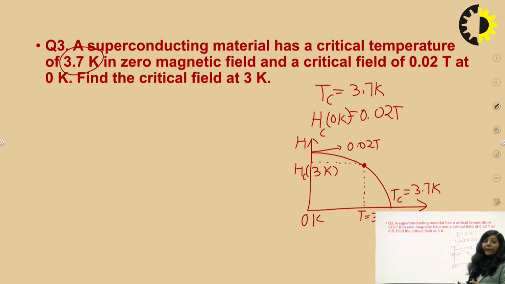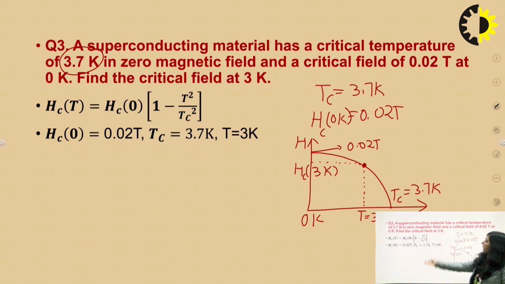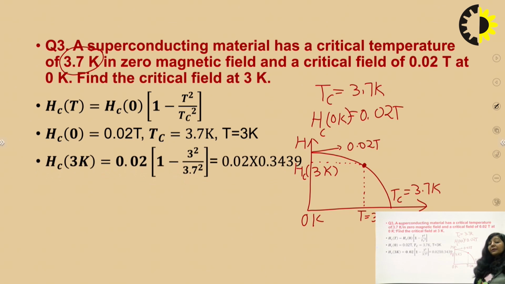First, identify what is given in the question and mention all these terms. Hc naught is given, the critical temperature is given, and the temperature at which you have to find the critical magnetic field is also mentioned. So simply substitute the values here. Hc at 3 Kelvin will be Hc naught, which is 0.02 Tesla, into 1 minus T square upon Tc square, where T is 3 Kelvin and Tc is 3.7.